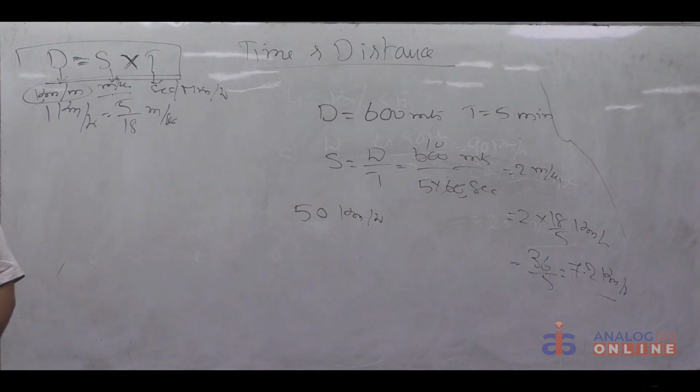If the time taken to travel is 20 minutes, find the total distance it traveled.